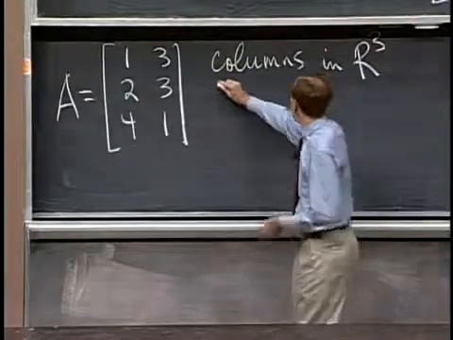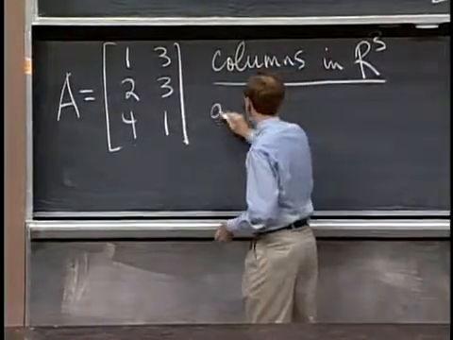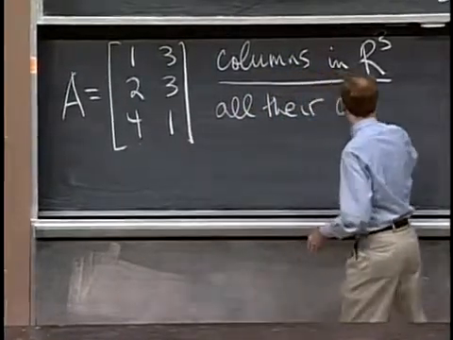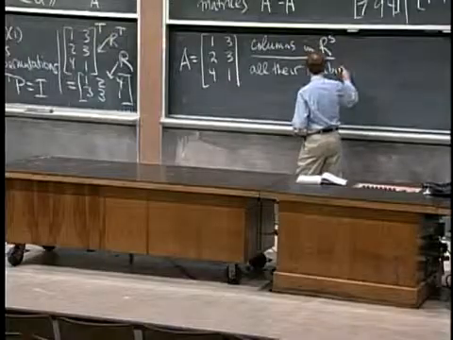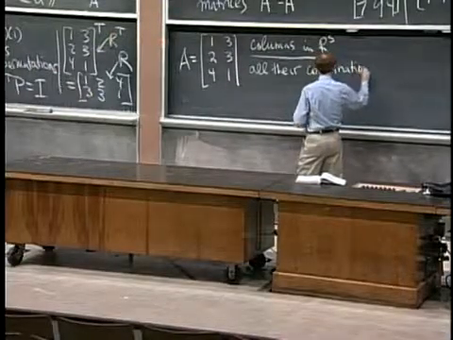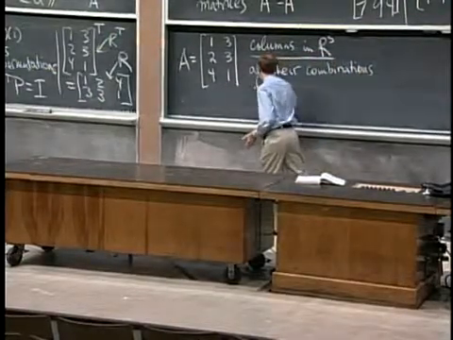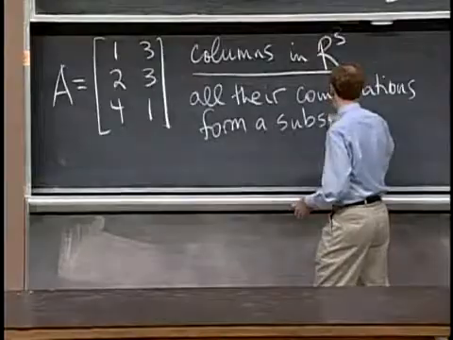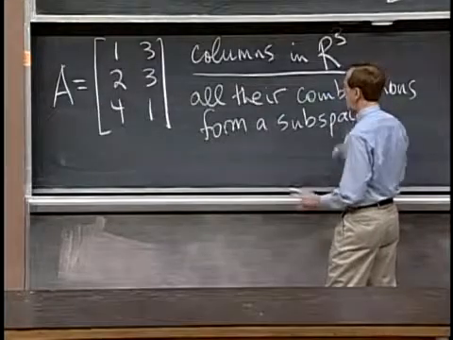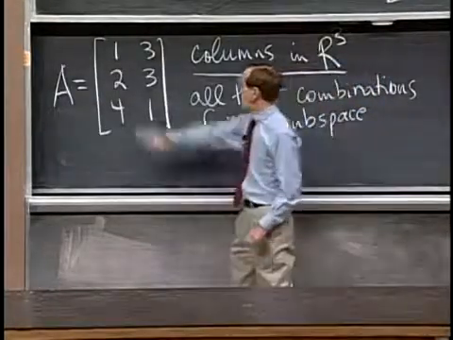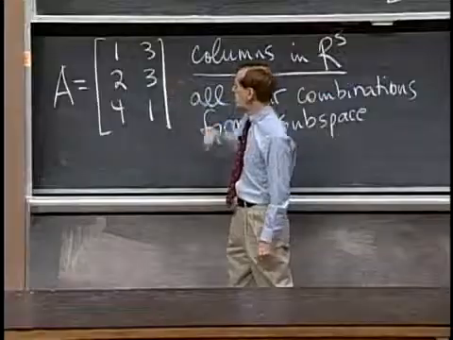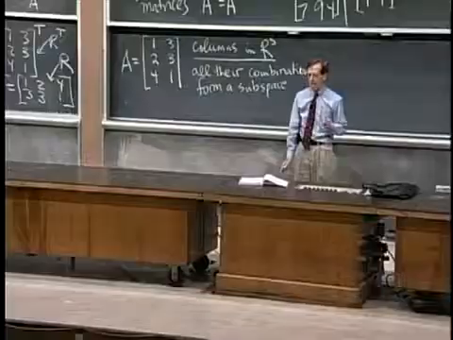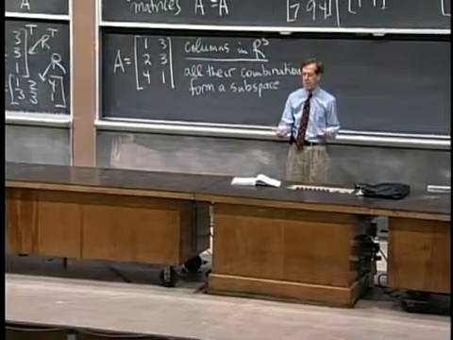So these are columns in R3, and all their linear combinations form a subspace. What do I mean by linear combinations? I mean multiply that by something, and add. The two operations of linear algebra, multiplying by numbers and adding vectors.